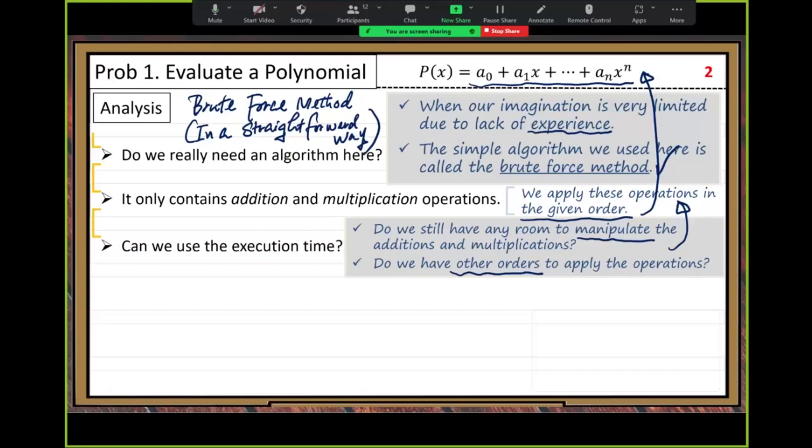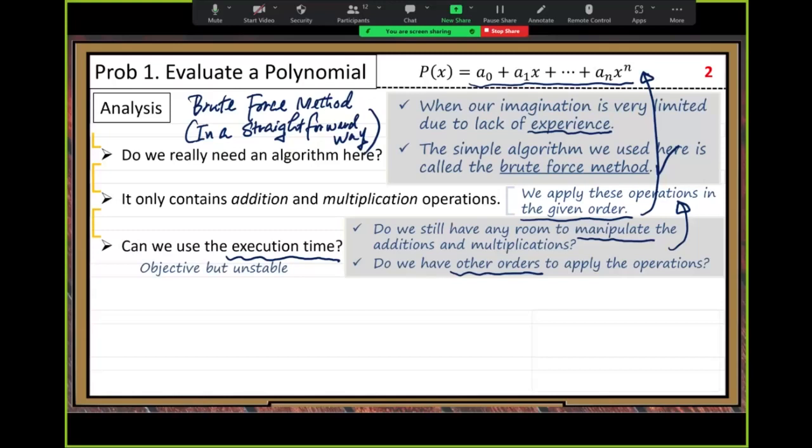Here, this question, can we use the execution time? We just clock it. We just look at the execution time when we run this program. Can we use execution time to tell people how fast is our algorithm?